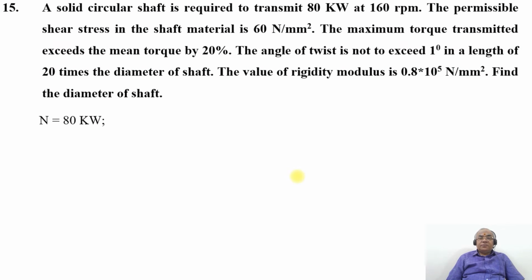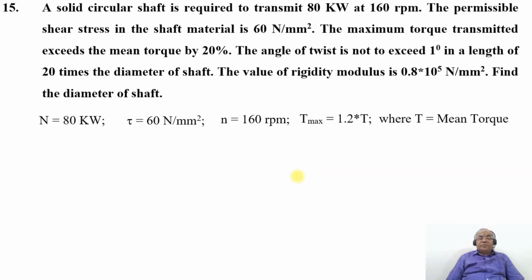Capital N will be equal to 80 kilowatt and small n will be equal to 160 rpm, with the shear stress tau being 60 Newton per mm square. Then we have T max will be equal to 1.2 times the T mean, so 20% over the mean torque, where T is nothing but the mean torque.